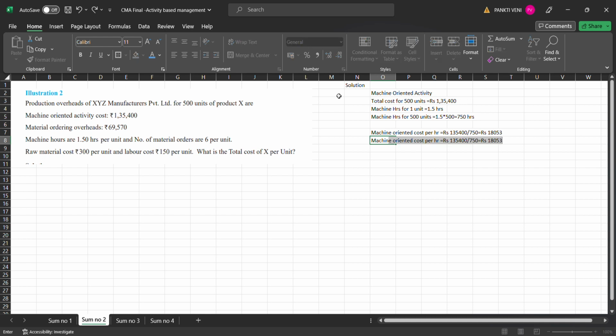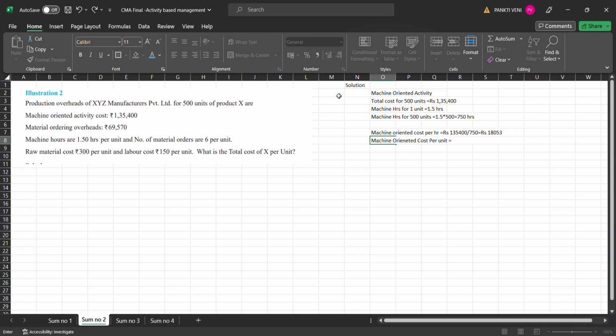Now let me go for the same cost, machine oriented cost, per unit wise. Here you have number of material orders as 6 per unit. And 1.5 hours per unit they have given.